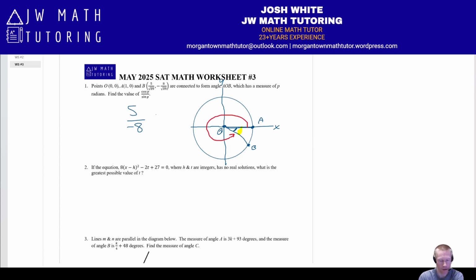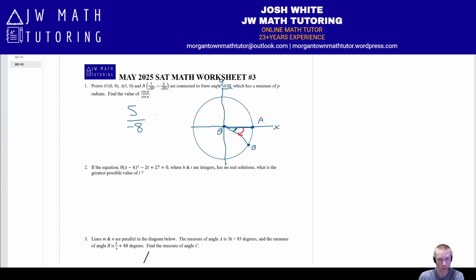However, after talking this over with one of my friends who's also a math teacher, the fact that it is labeled or named as angle AOB seems to indicate that the angle will in fact be a negatively drawn angle. What I mean by that is, and let me just clear out some of the stuff here, tracing it out the way I did originally, AOB, it starts here and it goes down in the clockwise direction, which would make it negative.